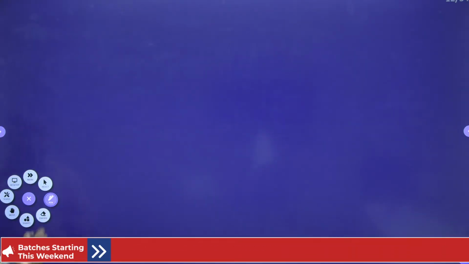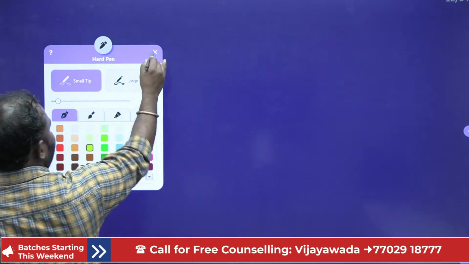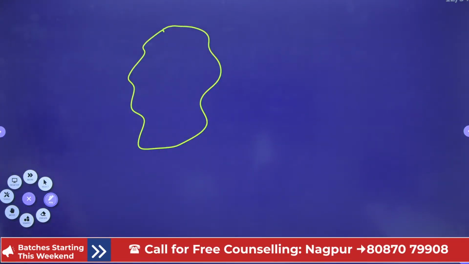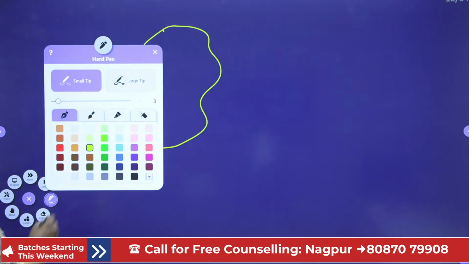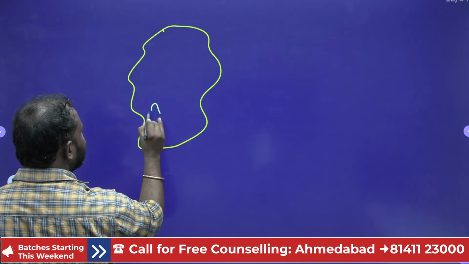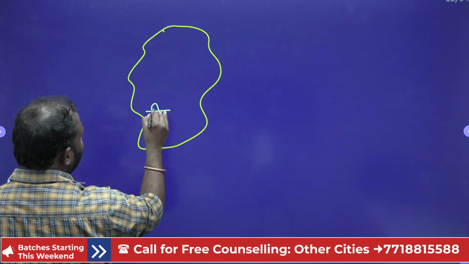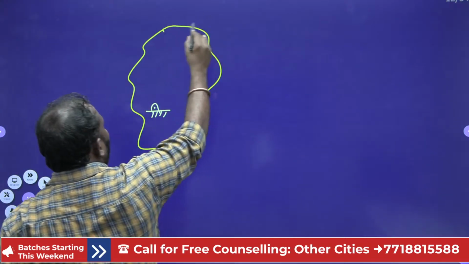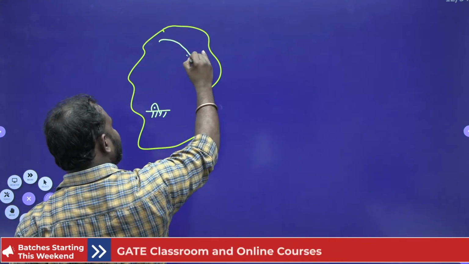Now for that I am taking a body. This body is hinged about this point. Now if I apply a load over here, it is going to rotate like this.